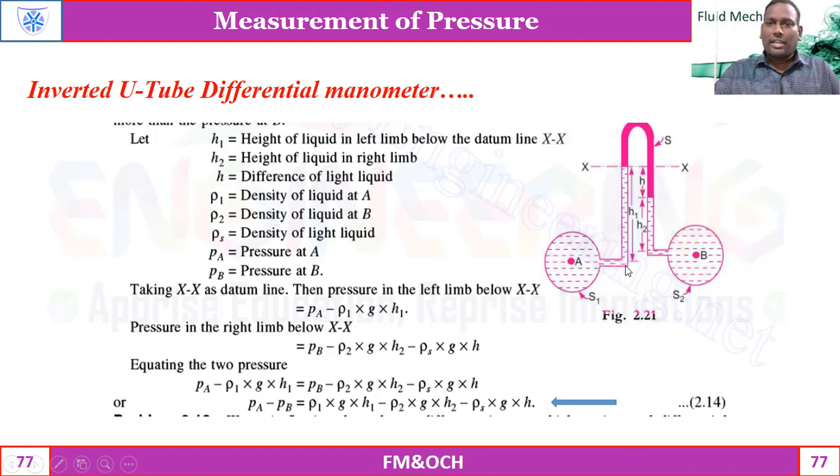Generally in the U-tube we consider plus, but when you are going up, you see minus has been added. So PA plus rho 1 minus g into h1, and the pressure in the right limb below xx is PB minus rho 2 into g into h2. So equate the pressures. This is the goal.